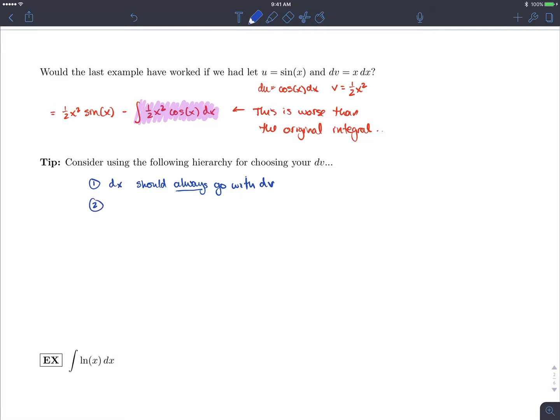The second thing that we should choose is exponential functions. These are things like e to the x, 6x squared plus 1, functions where the variable is in the exponent slot. Our next choice for dv might be trigonometric functions.